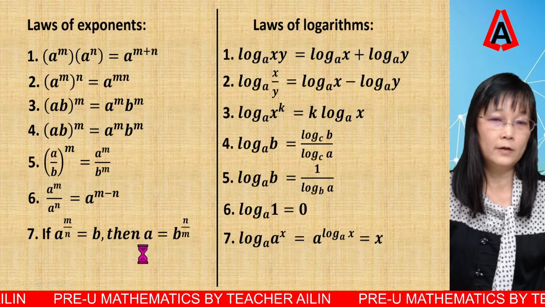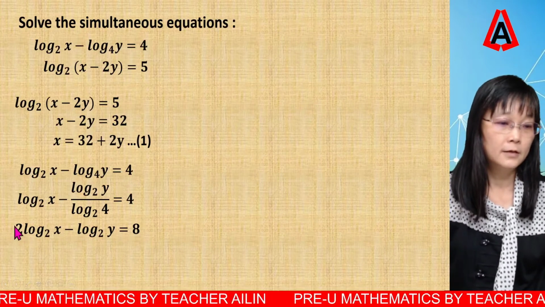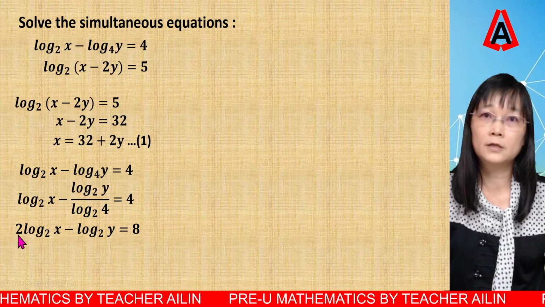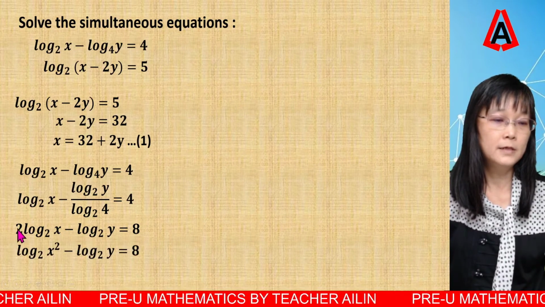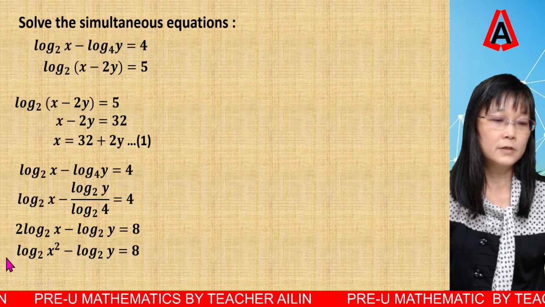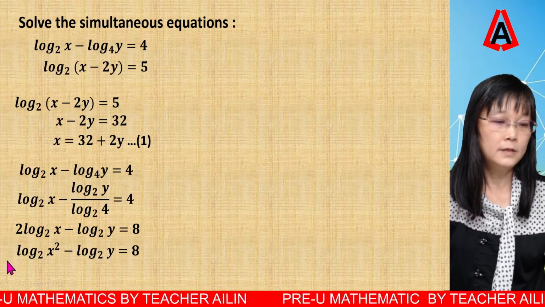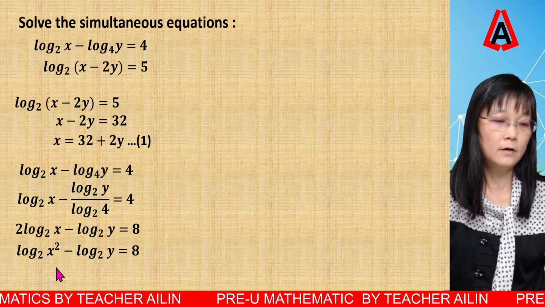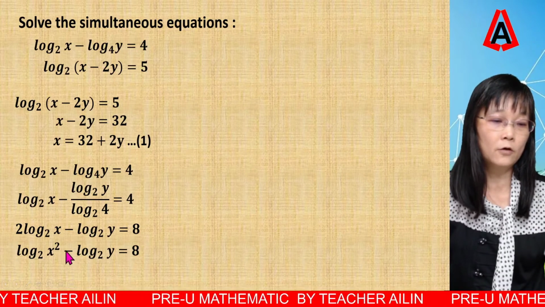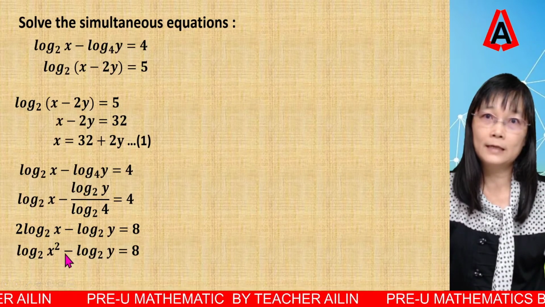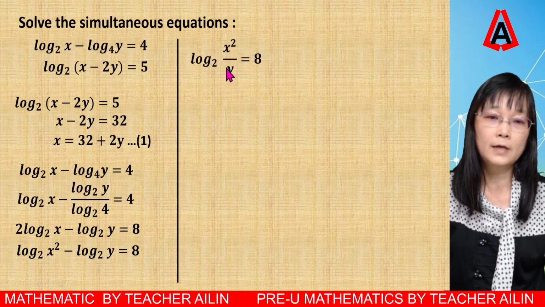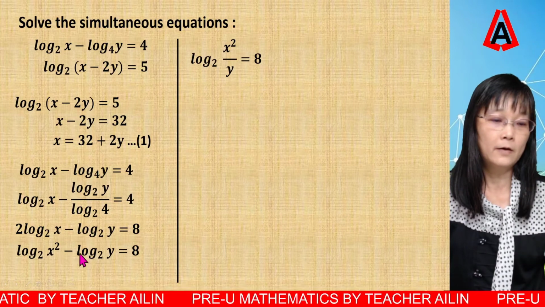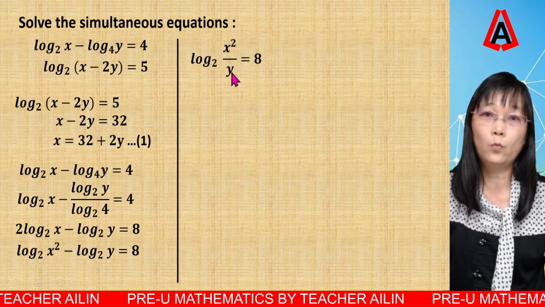Now when we look at this equation, the coefficient here is not equal to 1. So we shift the 2 up to the power, such that the coefficient is 1. Now these two logarithms have coefficient 1, so we can combine. Since this one is negative, it becomes divide when we combine: x power 2 divided by y.